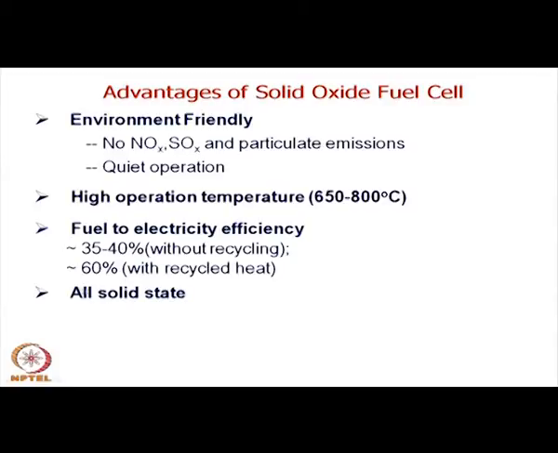The product of combustion is basically a hot gas. That hot gas can be used to move a gas turbine, and from that also electricity can be generated. If you combine that, what we sometimes call the combined cycle solid oxide fuel cell, by recovering the heat energy also one can generate electricity, and the total efficiency can be as high as 60%.